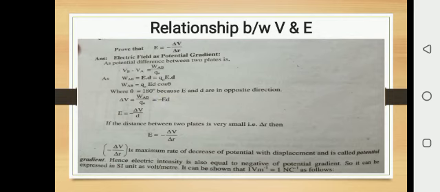So we can write minus delta V is equal to minus ED. The equality sign exists here, so we can write E is equal to minus delta V over D. Bring this D in the denominator of delta V. Now our new formula of electric field intensity is E is equal to minus delta V over D.